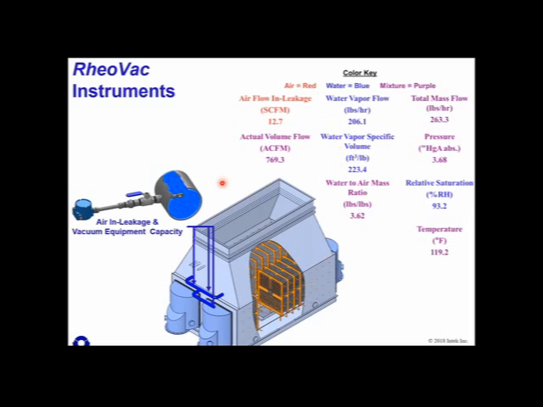These are some of the output parameters from the instrument: air in-leakage, volumetric flow for pumps for measuring pump capacity, and mass flow for measuring steam jet capacity. But the most important parameter is this water vapor to air mass ratio. This is the most important parameter from this instrument, and we'll talk about why in a few slides.